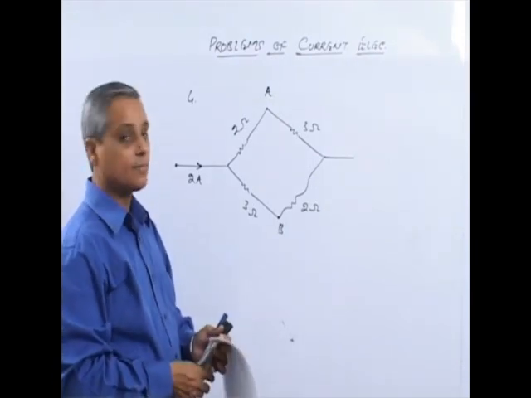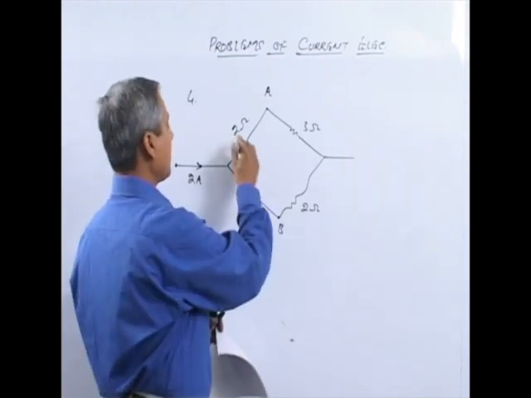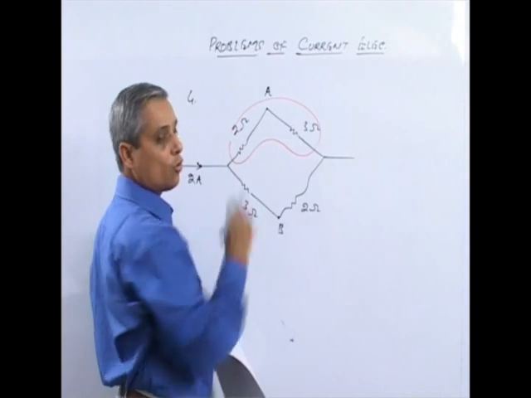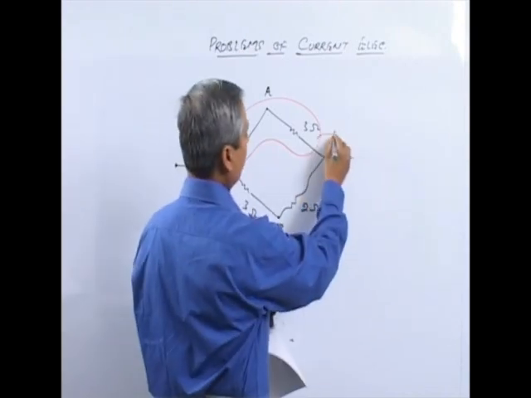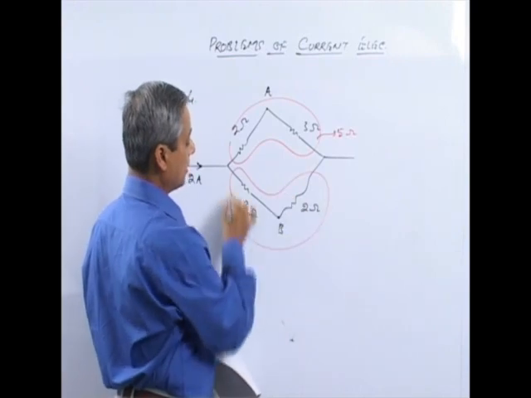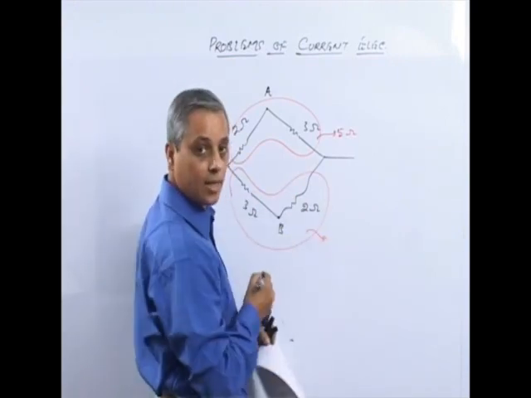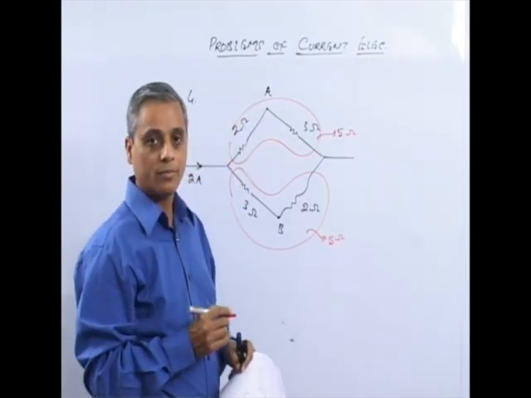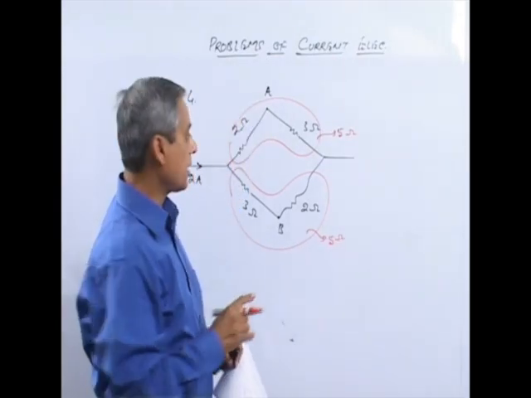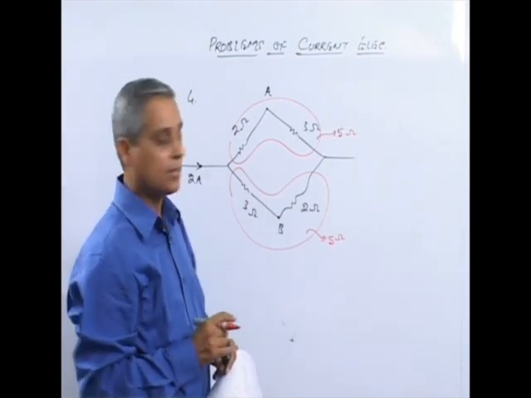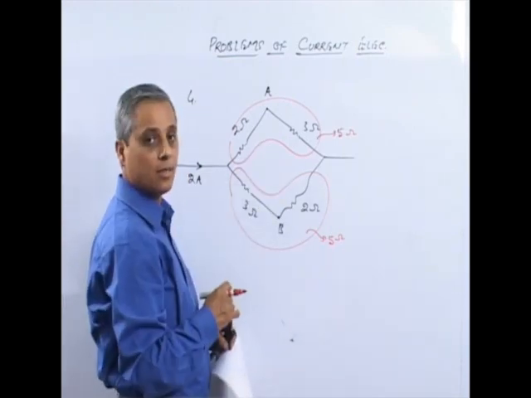Now in this system, the resistance in the upper branch is 2 ohm and 3 ohm in series, so that is 5 ohm. Similarly in the lower branch, again the two resistances are in series, so resistance is 5 ohm.